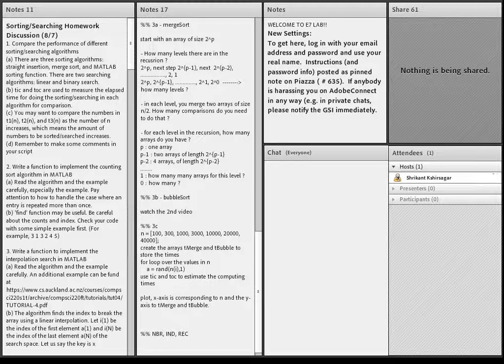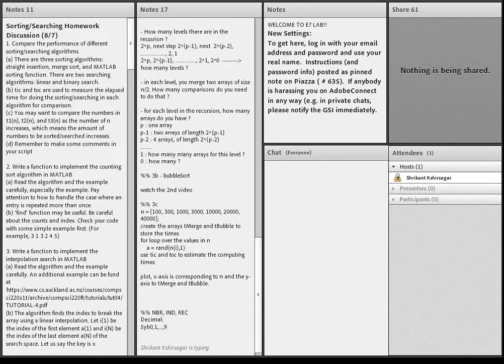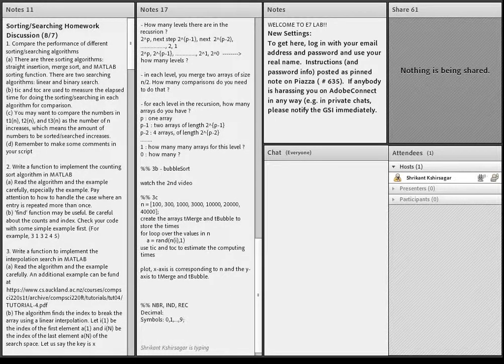So let's start with number representations, specifically how you represent a given number in different number systems. So we have the decimal number system, which is your normal number system where you have the 10 symbols 0, 1 all the way until 9, and you represent a number in powers of 10.